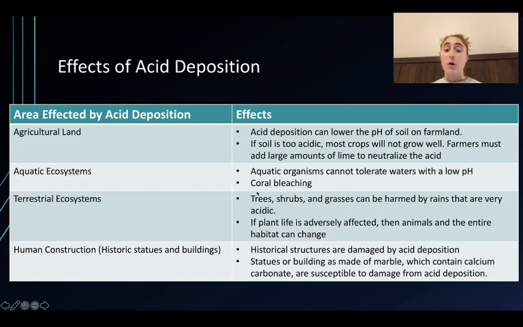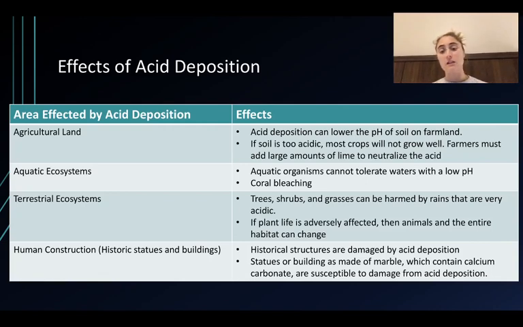But acid rain, large amounts of acid rain, will lead to having to add this to the soil. Aquatic ecosystems, we know that when the pH of water changes, that can affect the organisms that try to live in that water. We've heard of things like coral bleaching, which is increased amounts of acidity in the water. Terrestrial ecosystems, we know that plants can't survive as well if the pH of the soil changes. It can also affect the stomata, right?